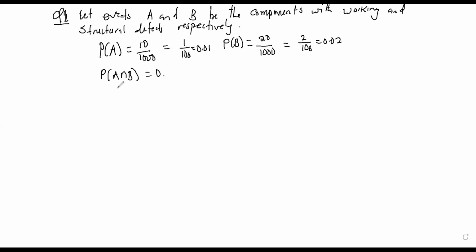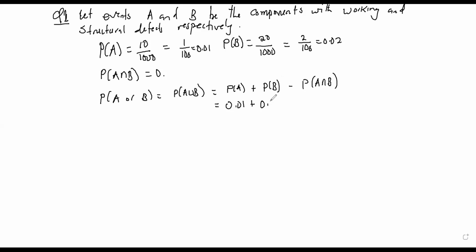So now we are asked to find the probability that if you pick one component, it will either have a working defect or a structural defect. Meaning, we're looking for A union B. That is the probability of A plus the probability of B minus the probability of A intersection B. The probability of A alone is 0.01.